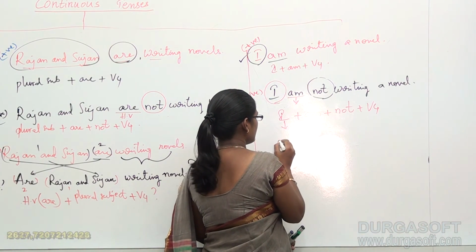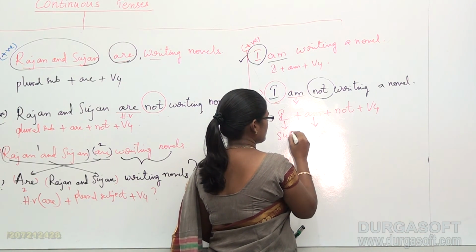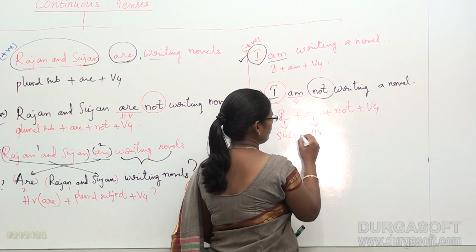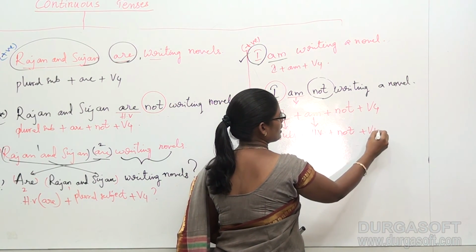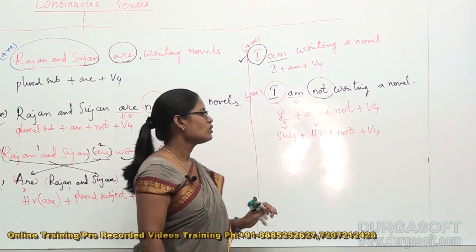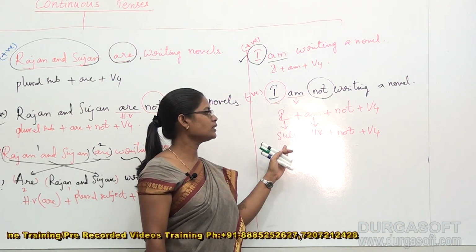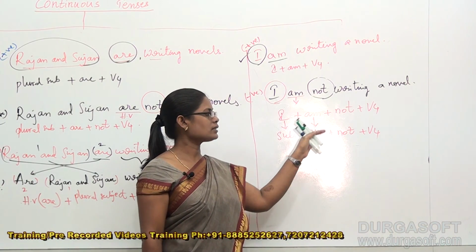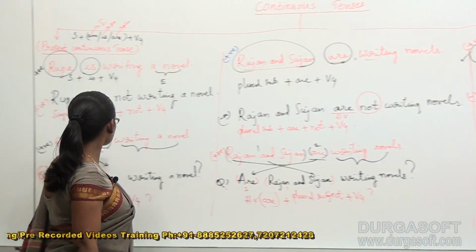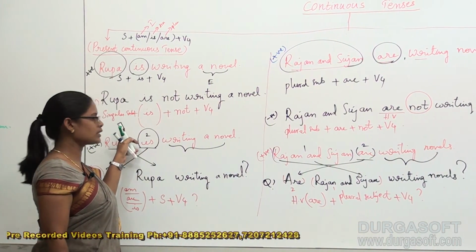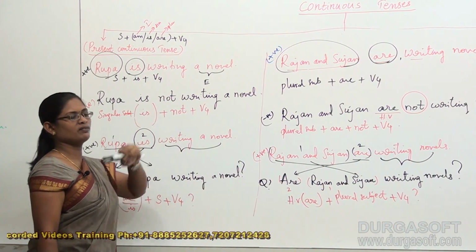And I treat here "I" as the subject and "am" as the helping verb and "not" as the "not" and V4 as V4. So the required structure for this, I am not writing a novel, is subject plus helping verb plus not plus V4. Did we get the same structure here? Yes.